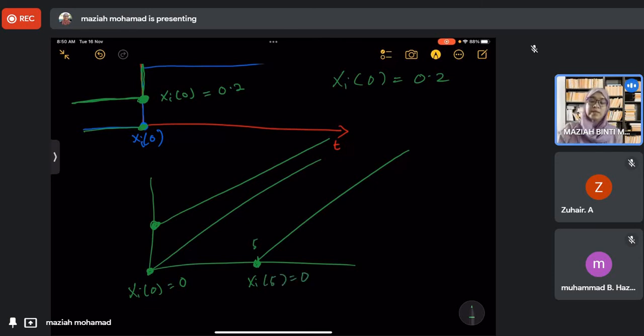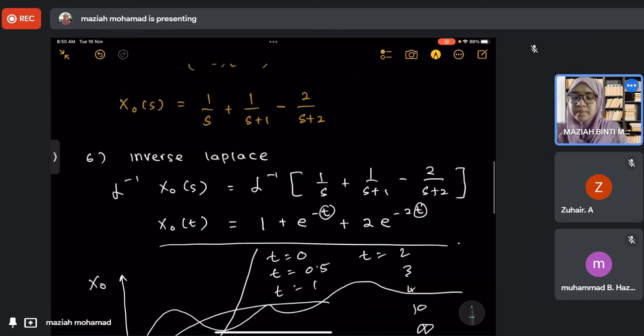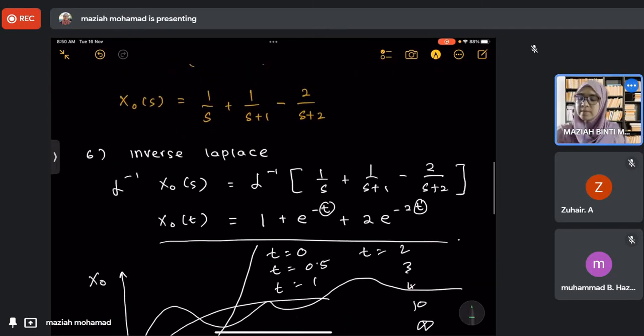Okay, but for initial condition, it is at time equal to 0. Doktor, tengok balik step nombor 6, step number 6. Alright. Macam mana yang last kali tu plus 2e tu? Okay, because this term here, we're going to separate 2 multiply with 1 over s plus 2.